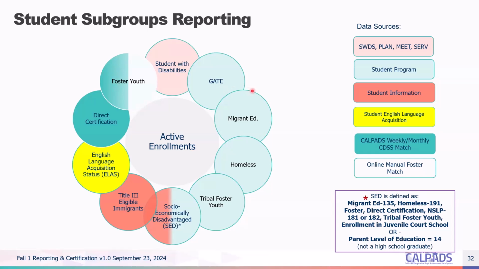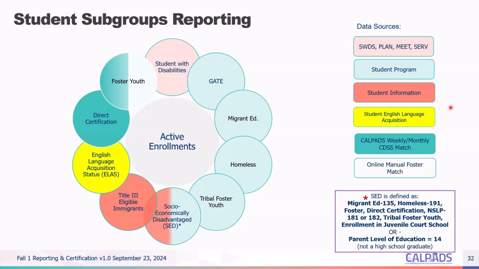So for socioeconomically disadvantaged, the socioeconomically disadvantaged comprises of the student with disabilities, so essentially all of this direct certification all the way to tribal foster youth except GATE, okay? And then of course, front and center would be your active enrollments, right? So a student who is actively enrolled on census day who are eligible based on the different potential data sources would be included on the socioeconomically disadvantaged subgroup.